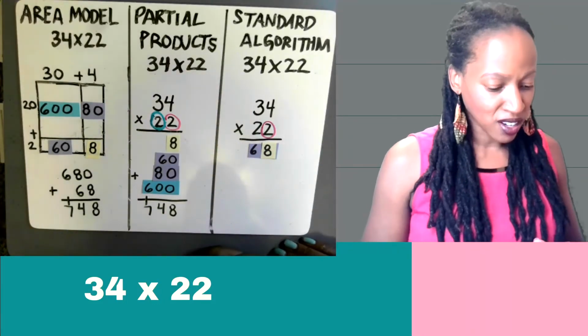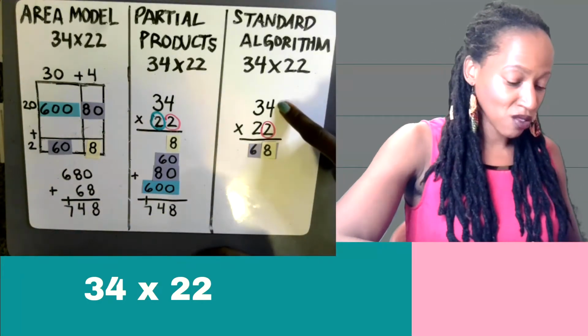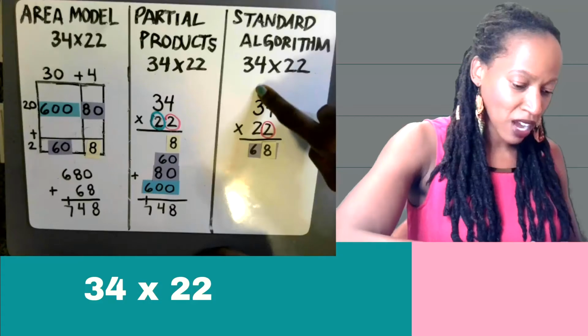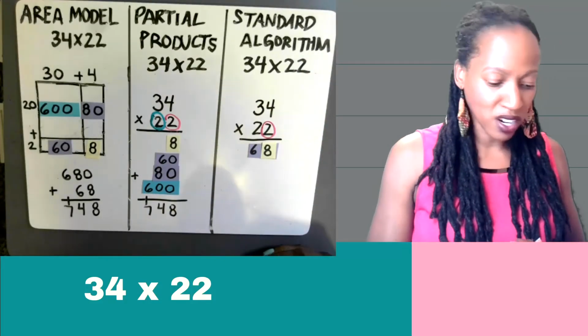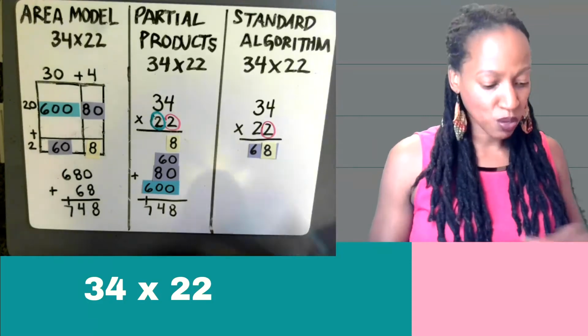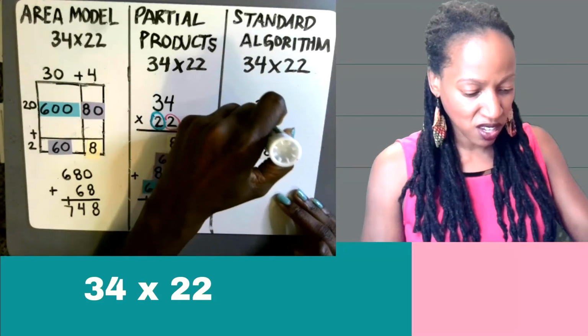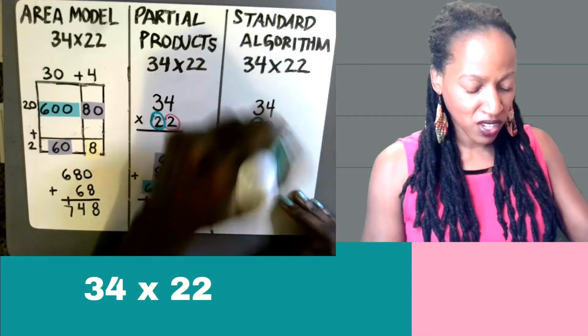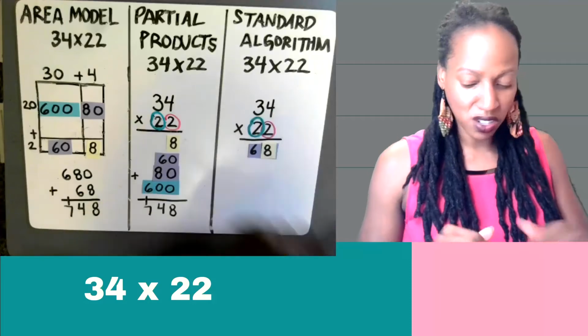So now I've multiplied by my 4 ones, and I multiplied by my 3 tens. So I've multiplied by every part of that top factor. So I'm going to now move on and multiply this digit, the 2 tens, by every part of my factor, every place value of my factor here at the top.